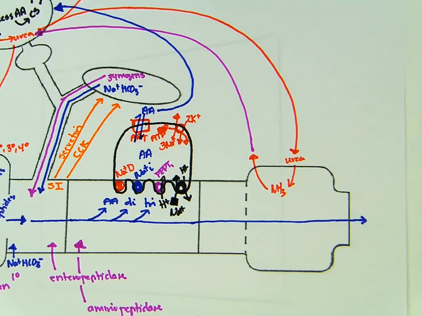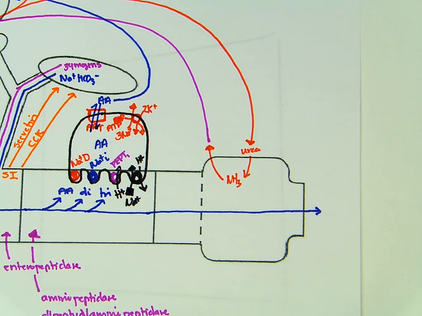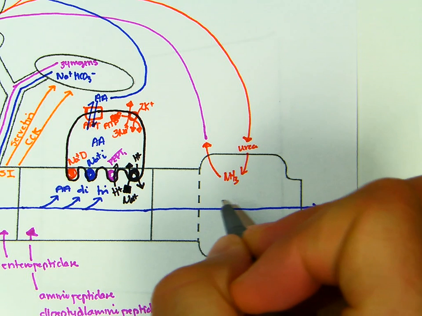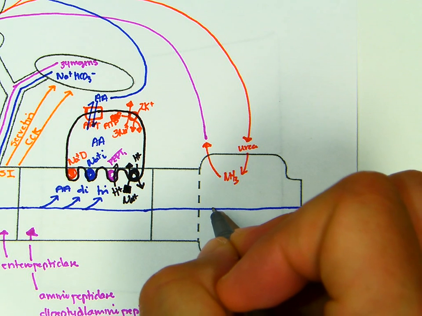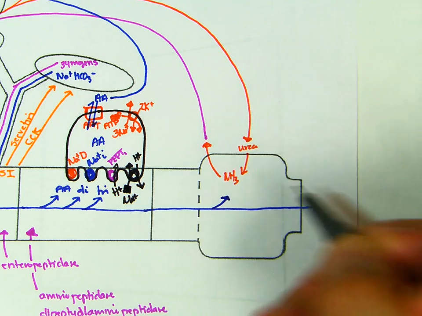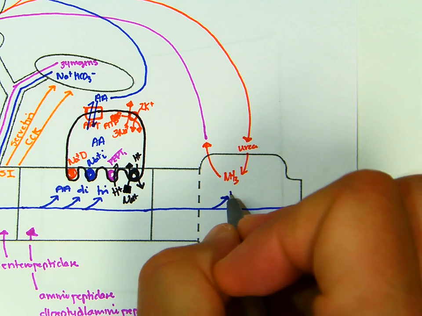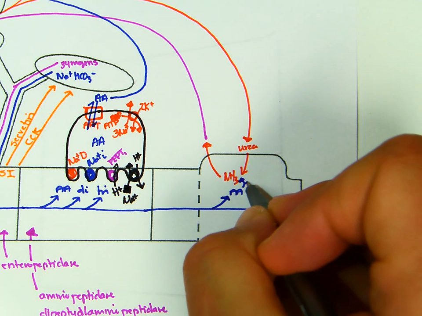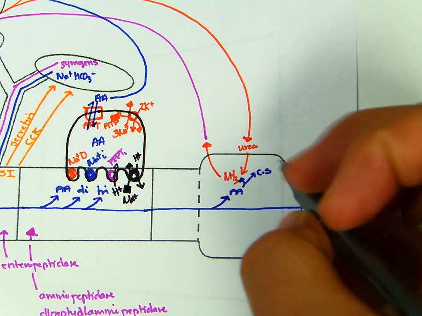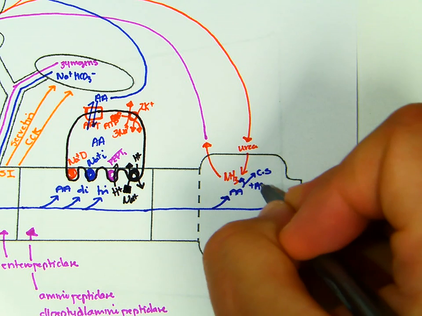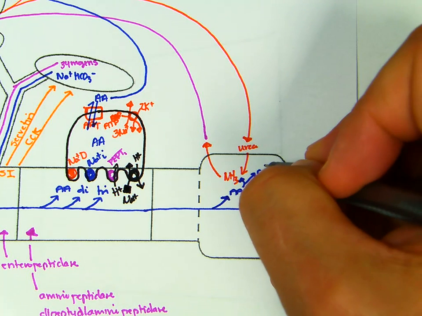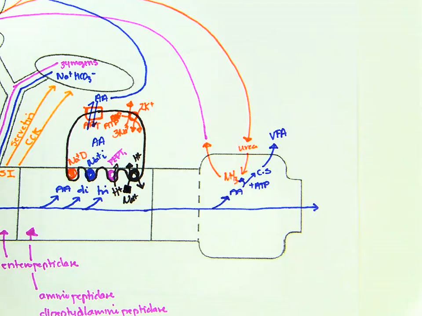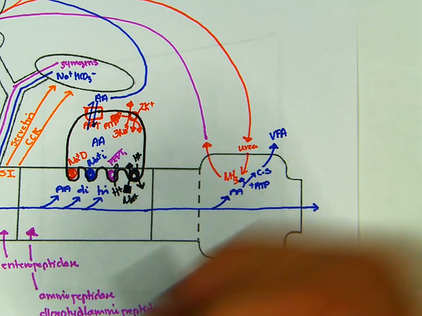In the large intestine of the cow, we can take and break down feed proteins as well as endogenous proteins. The microbes can break them down, and we can end up with amino acids. And those amino acids could be further broken down into ammonia and the carbon skeleton. And the microbes would get ATP from that process. This carbon skeleton, or VFA, could be absorbed and then go to the liver and become a source of energy for the animal.